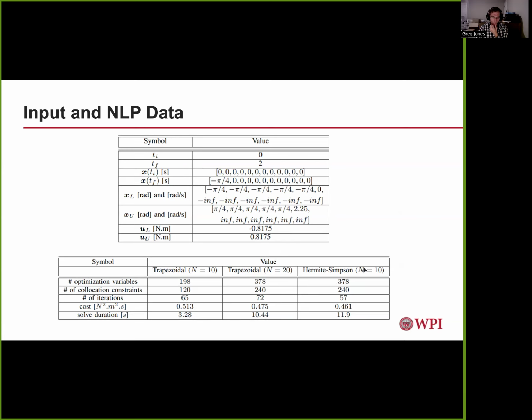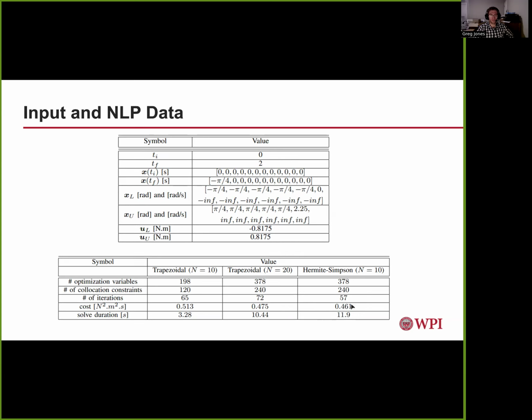Hermite Simpson with 10 trajectory segments still takes longer, but theoretically the error is lower and the motion is actually smoother, because the first order derivative of the dynamics trajectory is continuous, whereas for trapezoidal it's discontinuous.